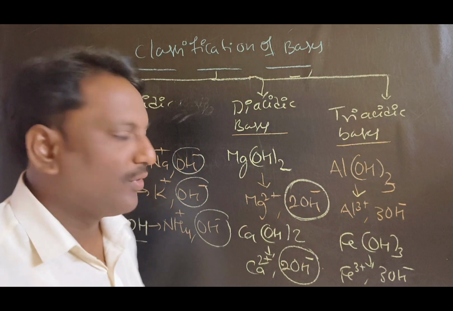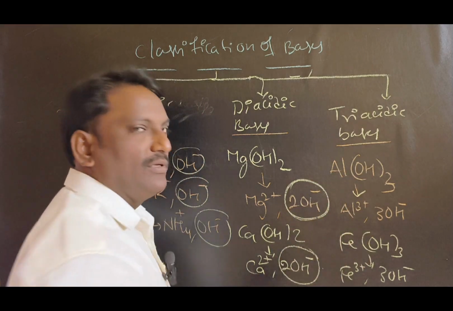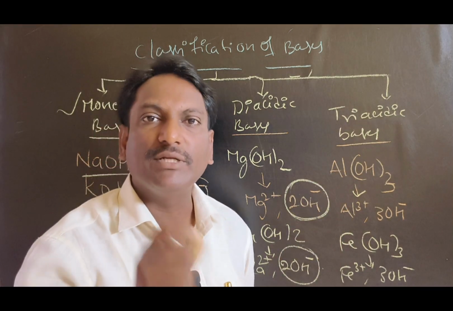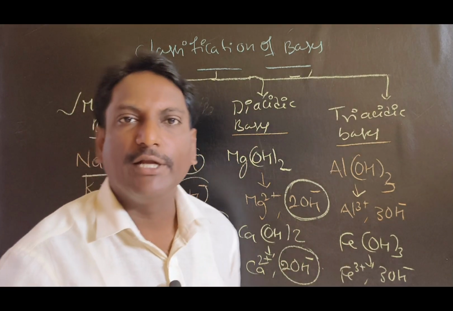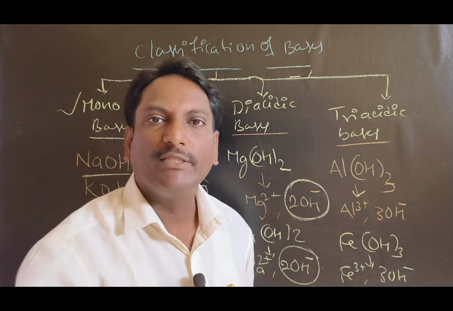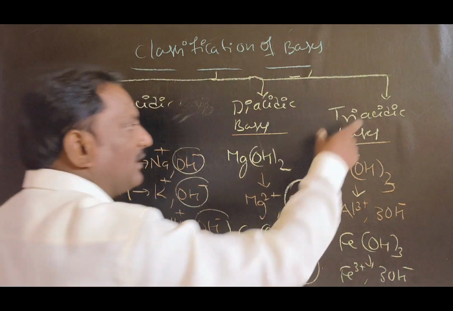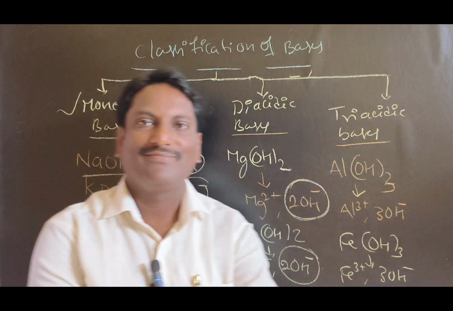Aluminum hydroxide gives Al3 plus ion along with 3 OH minus ions. Iron 3 hydroxide produces Fe3 plus ion along with 3 OH minus ions. So these are triacidic bases. Is it clear to you?